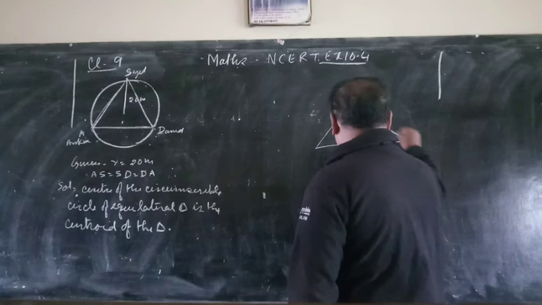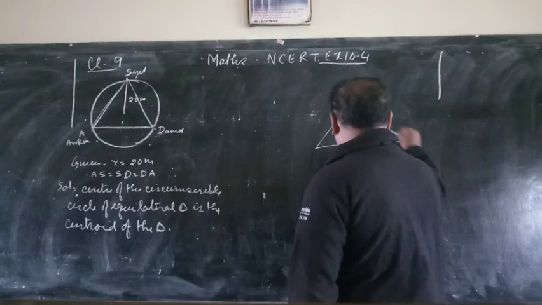Okay. Now, height is equal to 20 plus 10, that is equal to 30. We are going to use root 3 by 2 into a is equal to the height of an equilateral triangle. This is the formula. Root 3 upon 2 a is equal to 30. So a is equal to 2 into 30 upon root 3.